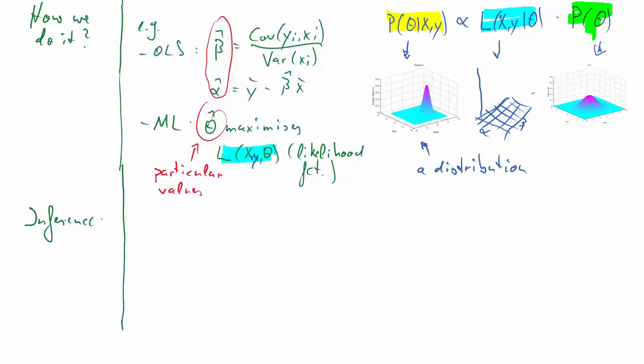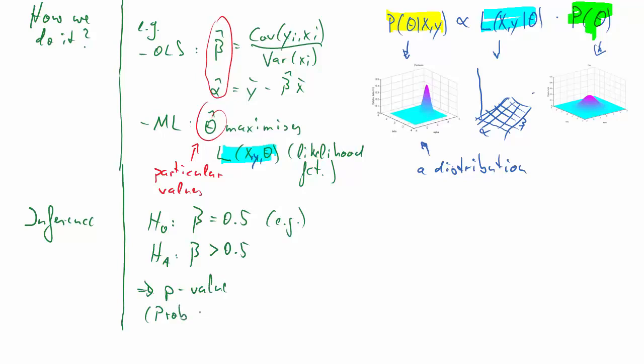How would we perform inference? A frequentist would do, for instance, something which is called hypothesis testing. We postulate a hypothesis, for instance, beta is equal to 0.5, and an alternative that beta is larger than 0.5, and then we calculate something which is called a p-value, which is really a quite strange construct. It is the probability that beta would be larger than 0.5 if the null hypothesis was true, and that's very important: a probability if H0 was true.